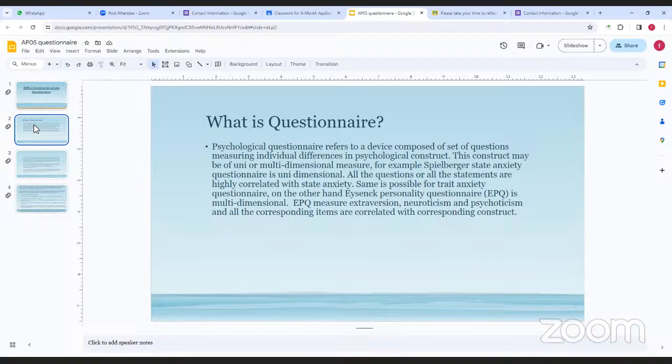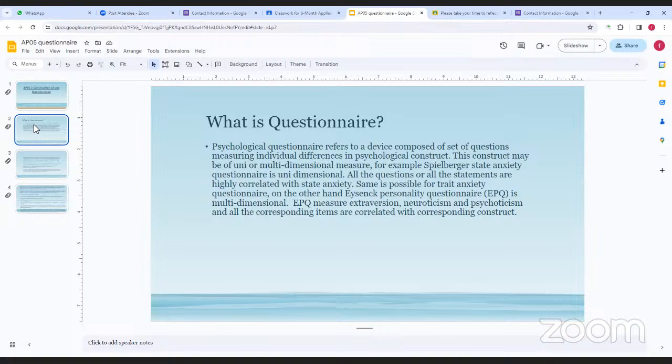A psychological questionnaire refers to a device composed of a set of questions measuring individual differences in a psychological construct. This construct may be of uni or multidimensional measure. For example, Spielberger's state anxiety questionnaire is unidimensional.